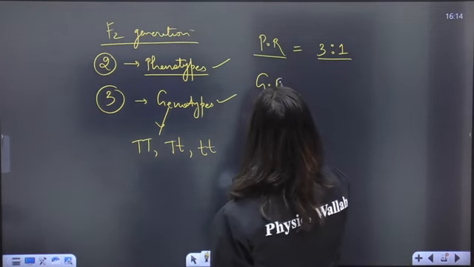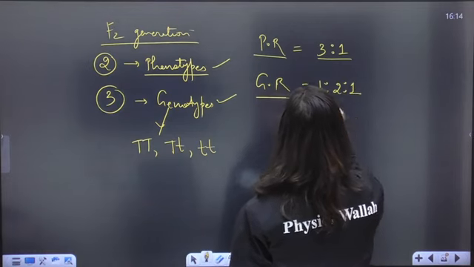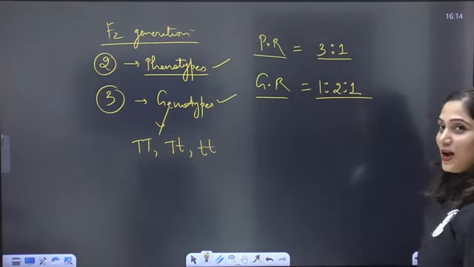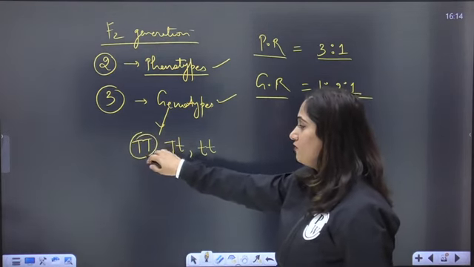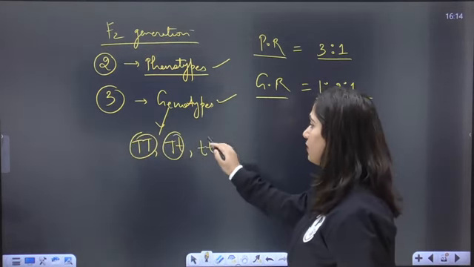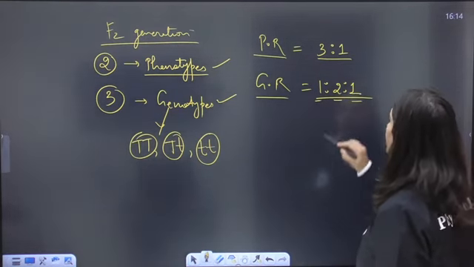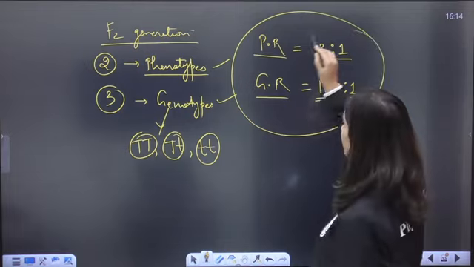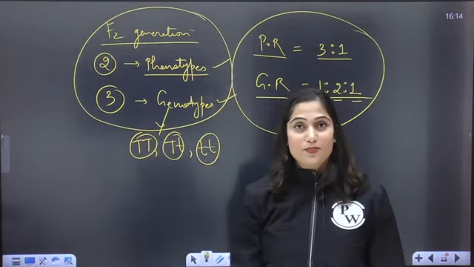And the genotypic ratio comes out to be 1:2:1. Because how many genotypes? 3. These type of individuals 1, these type of individuals 2, and these type of individuals 1. So the ratio is 1:2:1. So these were the findings or conclusions of the monohybrid cross.